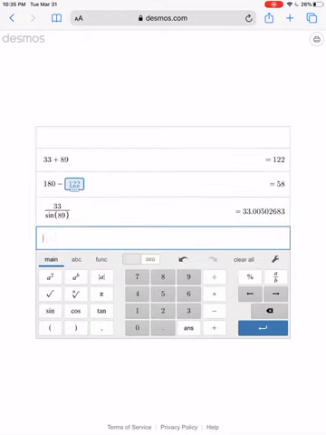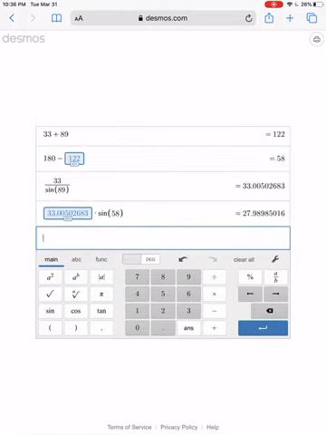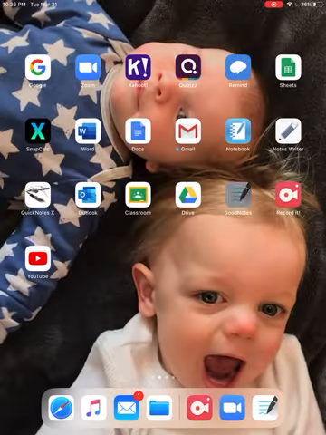Now we want to take that answer and multiply it by sine 58. I had it written down over here. Literally you can do it all right here in this calculator. If you need to rewind to see what keys I touched, you certainly can. So that is 29.98. If we round to the nearest tenth, that 8 is going to bump the 9 up, and so that'll be 28.